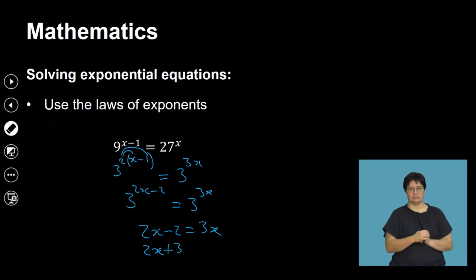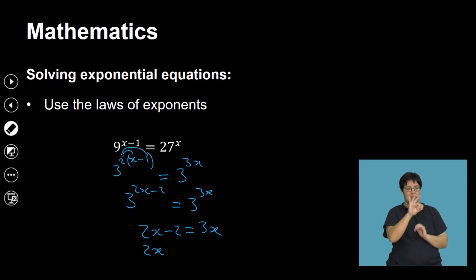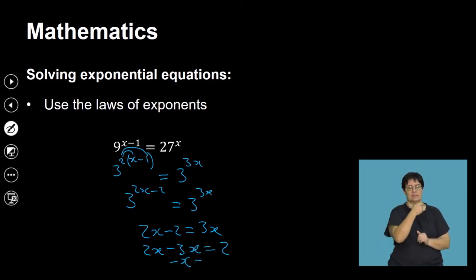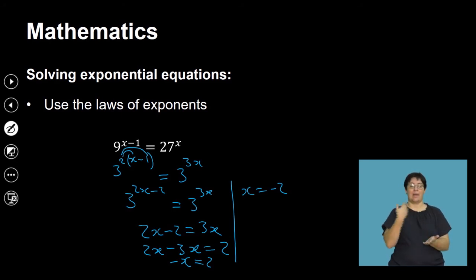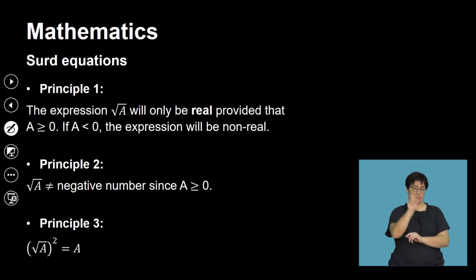So this will be minus the 3x because I am adding the additive inverse on both sides. And this will be equal to a positive 2, so it's minus x equal to 2. Therefore, my x equals negative 2. So you also need to be able to apply some laws of exponents there.